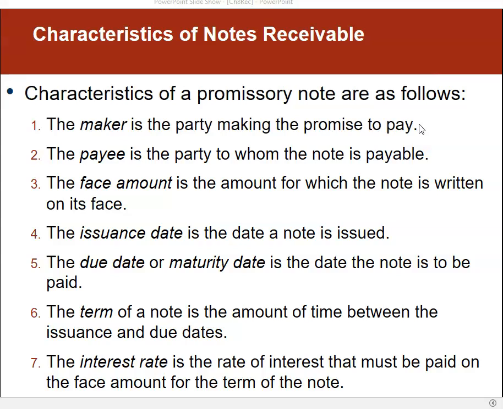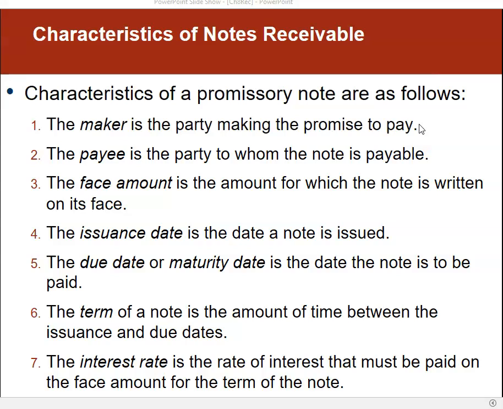Number 3, the face amount is the amount that was borrowed, loaned, however you want to think about it. So if we go to the bank and we borrow $10,000, face amount is going to be $10,000. Issuance date, pretty self-explanatory. The due date or maturity date is the date that the note is to be paid.